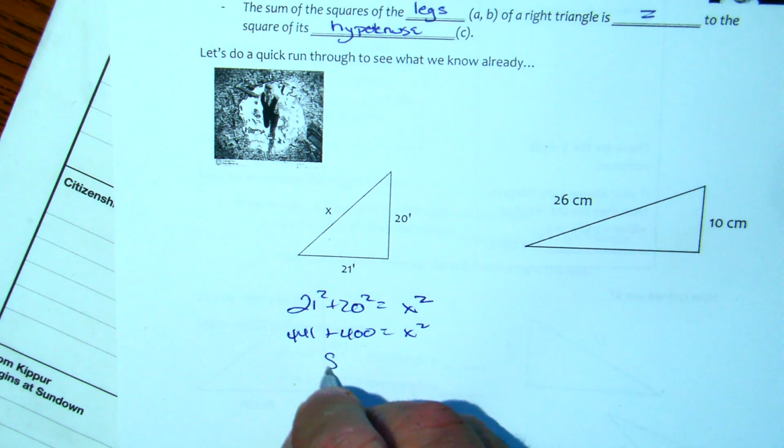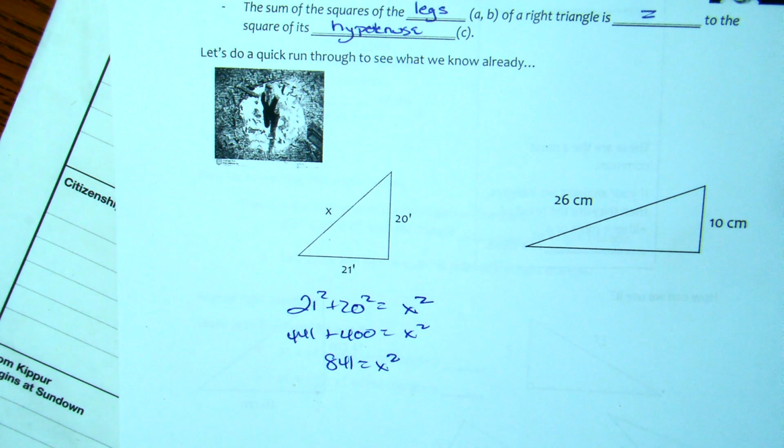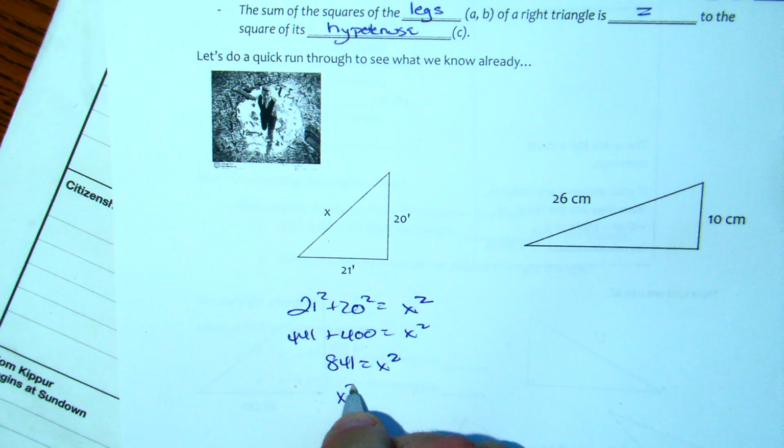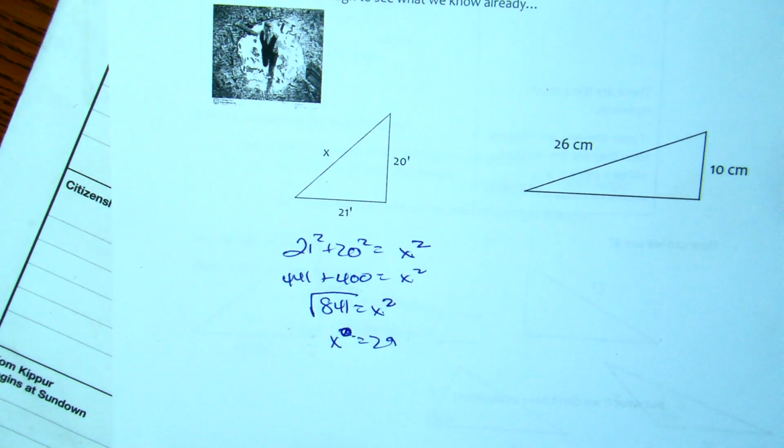I add them together to get 841 equals x squared. And then I do the square root. I get 29. Alright, with the next one, we'll show you how to do the square root and all that. So there's the 29.